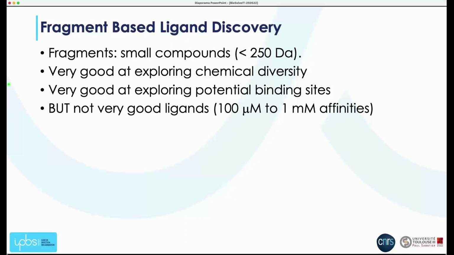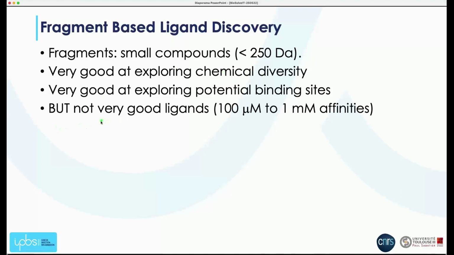This chemical diversity is reasonably large, and with a fragment library containing about 1,000 compounds, it's already a decent exploration of this chemical diversity. With drug-like compounds, even with millions of compounds in your chemical library, you would not explore the possible chemical diversity as efficiently.